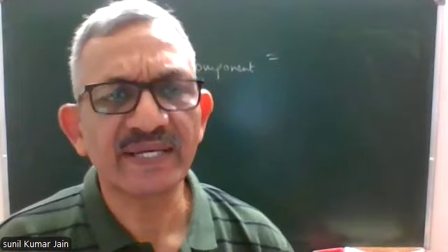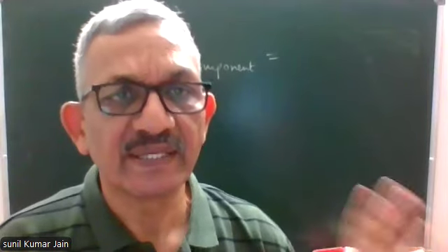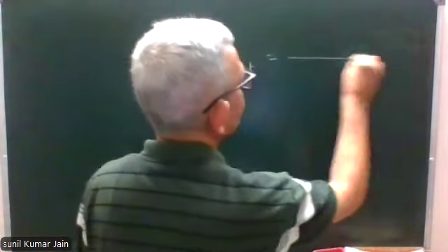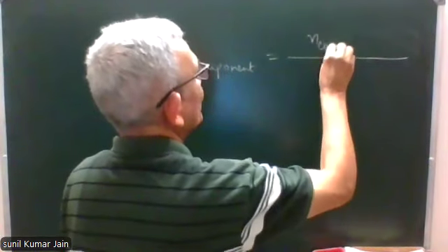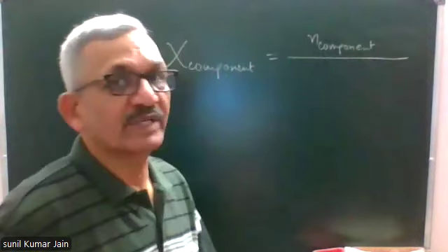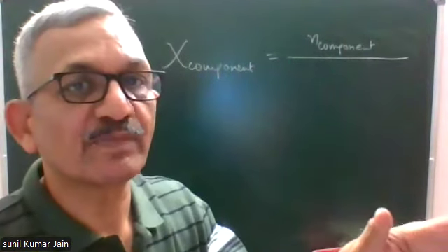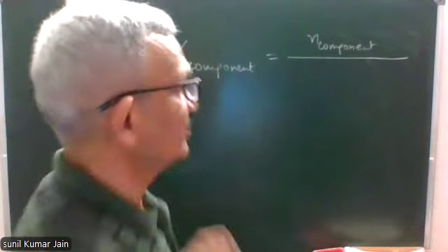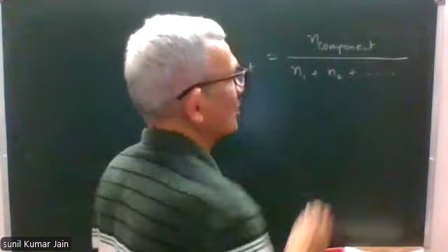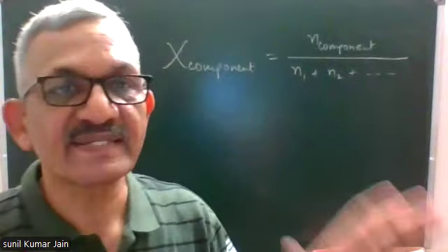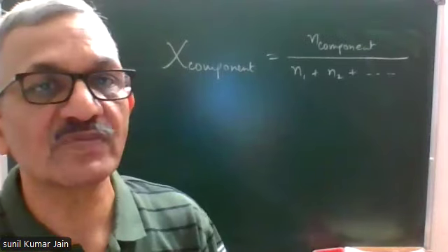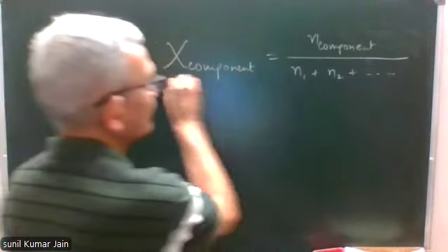If you write X, it's okay, but it's not X. Chi component means mole fraction of the component is equal to N component, where N component means number of moles of that component whose mole fraction we want to find out, divided by N1 plus N2 plus so on. So the denominator is the sum of the number of moles of all the components which are present in the solution.